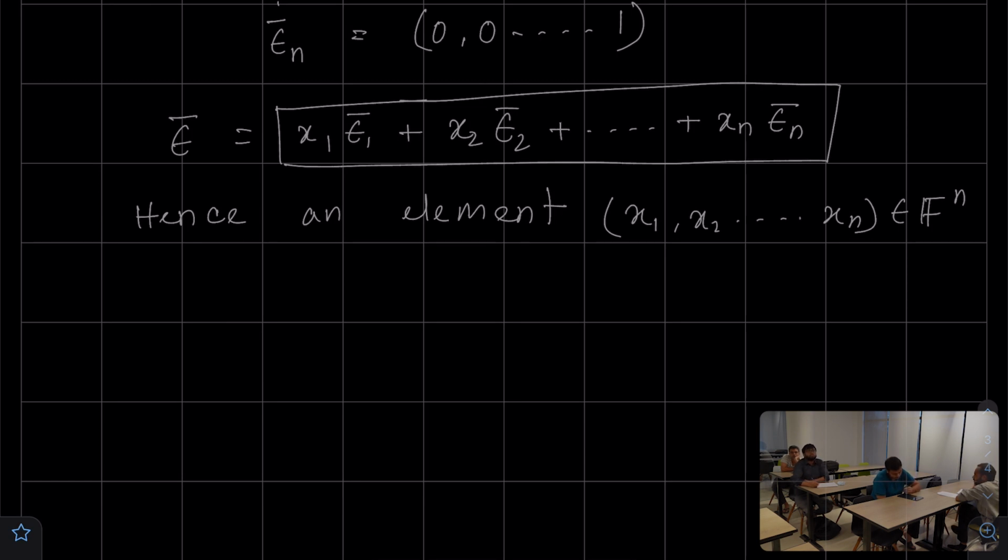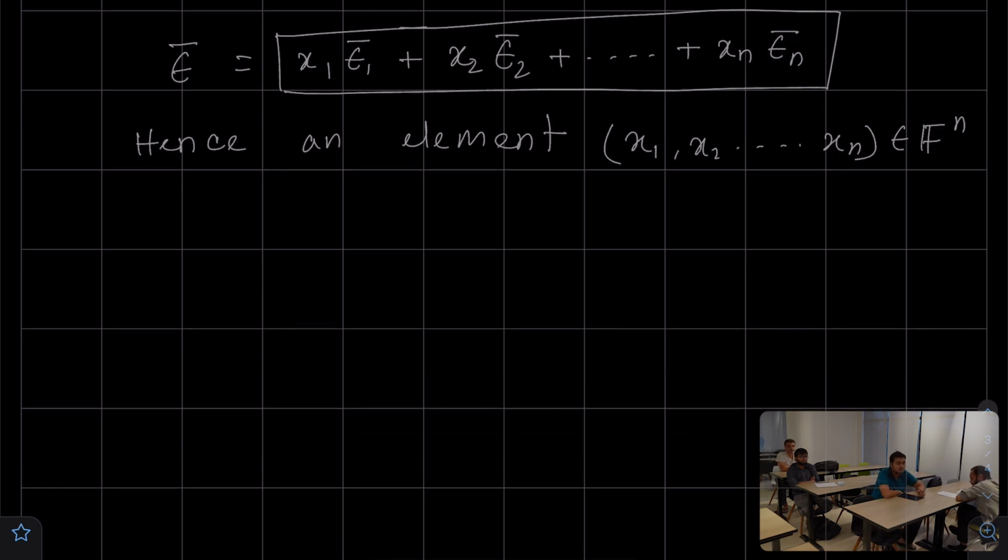This is the vector. It belongs to the vector space F to the n. F to the n is the vector space of all n-tuples where each entry comes from the field F. Suppose R to the n.